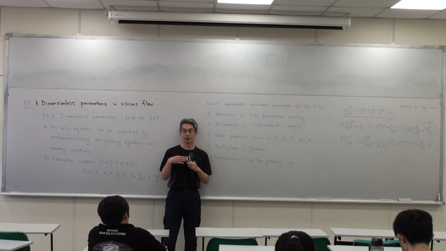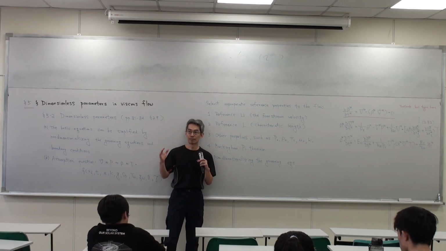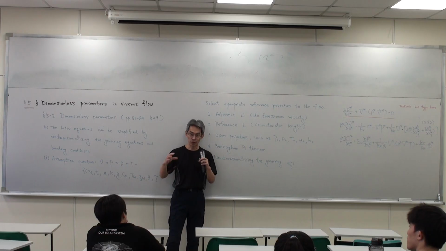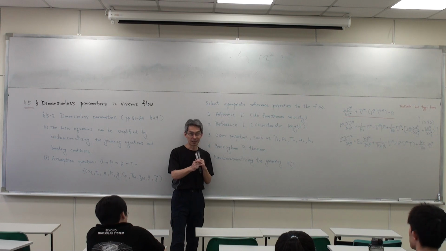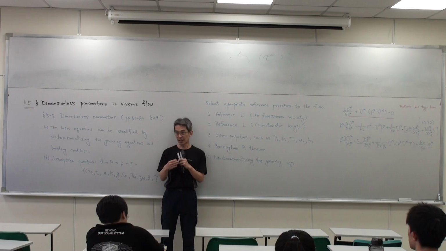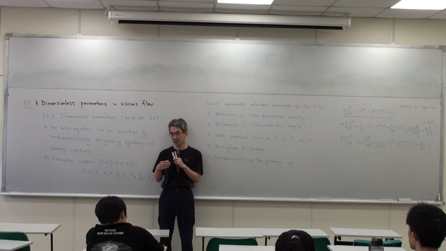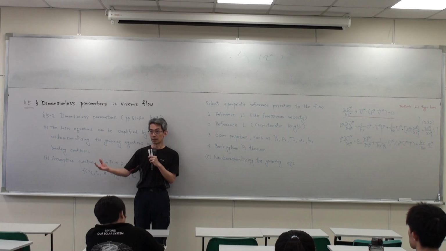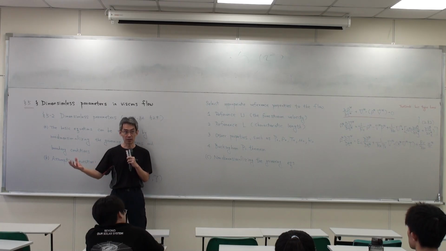Then, similar to reducing the size, for the reduced-size experiment we are looking for key dimensionless parameters. These key dimensionless parameters we use to predict the prototype, the real full scale.